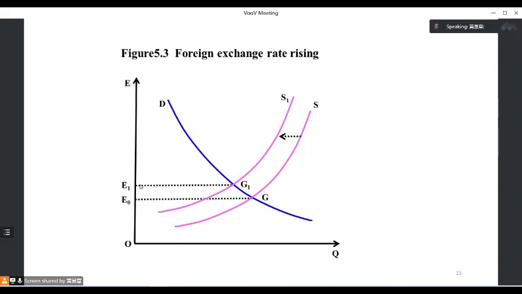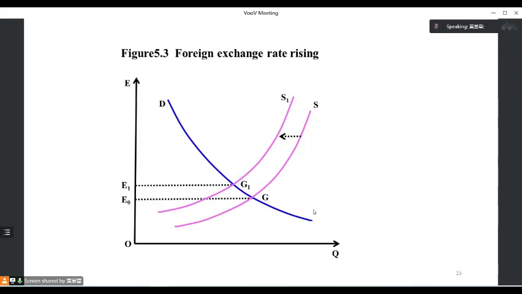In figure 5.3, we should understand the horizontal axis means quantity of foreign currency, and the vertical axis means foreign exchange rate.